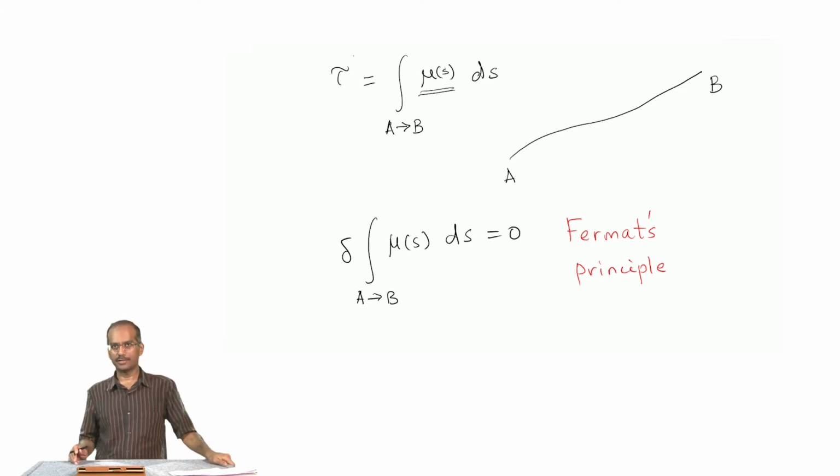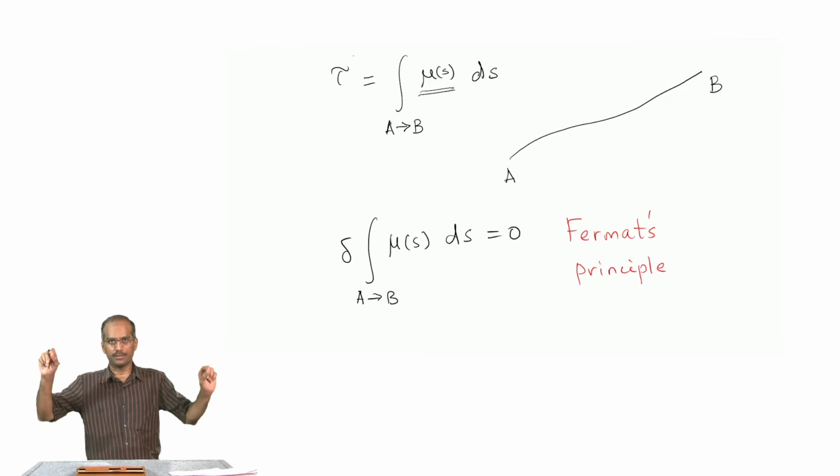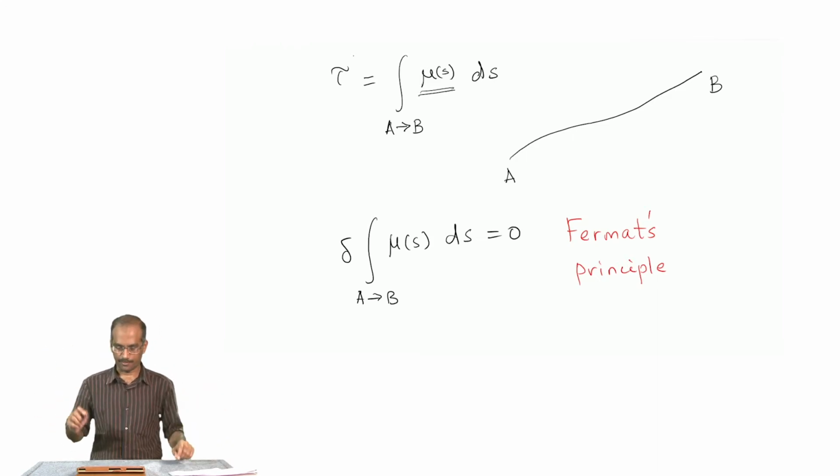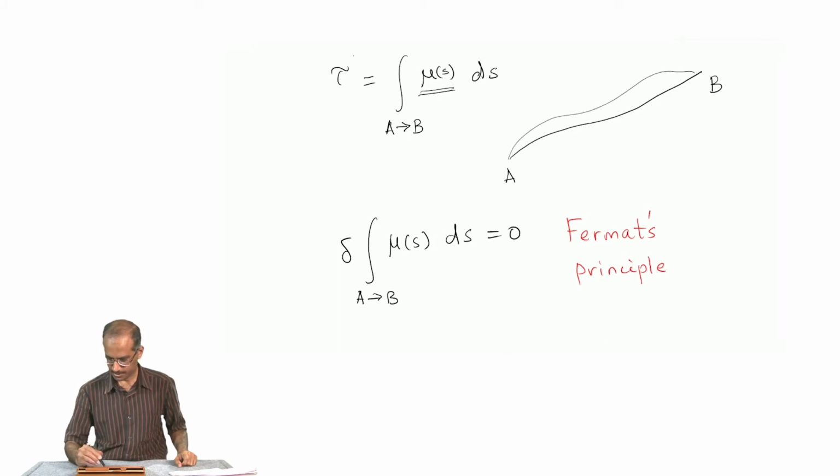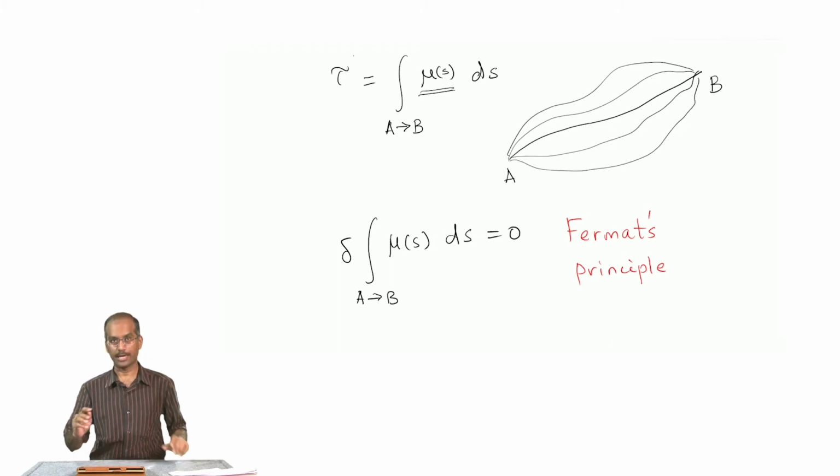The physical content of Fermat's principle is that if you have chosen 2 points and light travels from A to B, you could consider many possible paths through which the light might possibly travel from A to B, and the one it actually takes is the one for which the variation of this quantity equals 0.